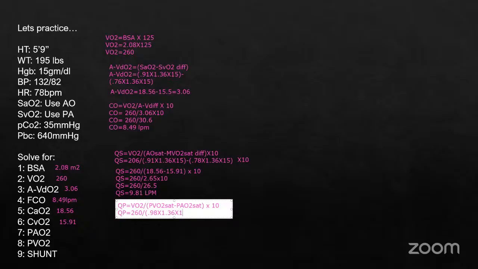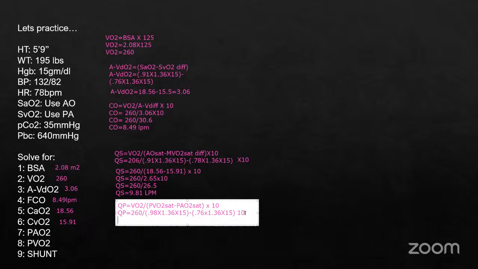Hemoglobin. Perfect. I'm going to close the parentheses. Then I'm going to do minus, and now go to my PA. What is my PA now? 0.76 times 1.36 times 15, because that's my hemoglobin. And then all that times 10.